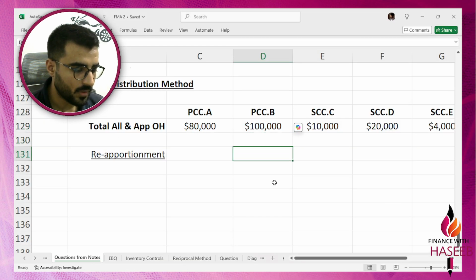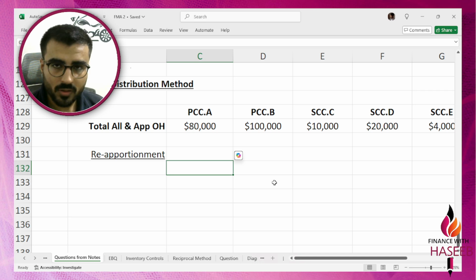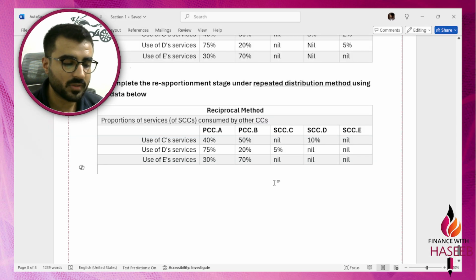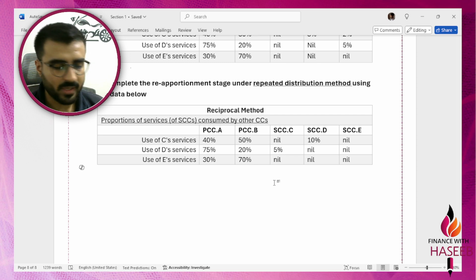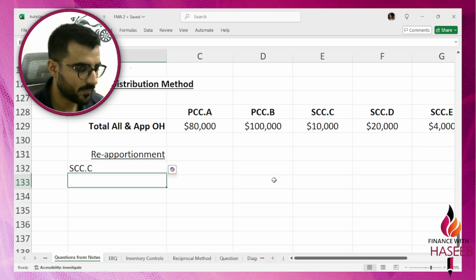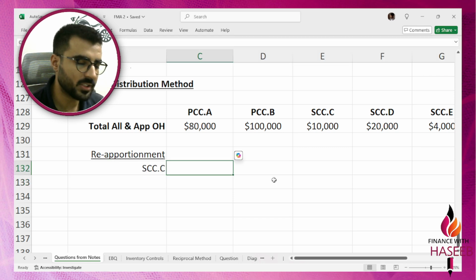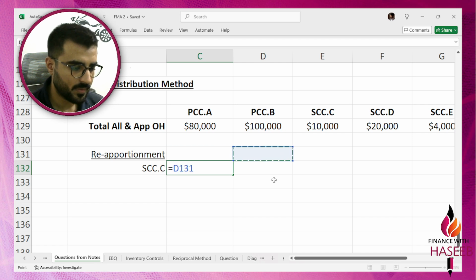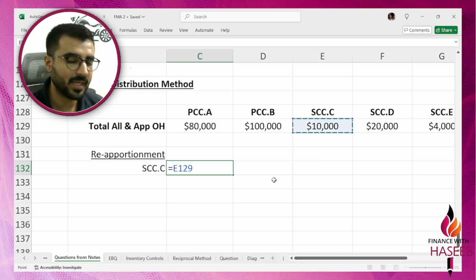Now from what cost center should we start? We could start from anywhere, it doesn't matter. You can start from anywhere. So we can start with service cost center C. We will just share in the order, just like the way that we have been sharing.